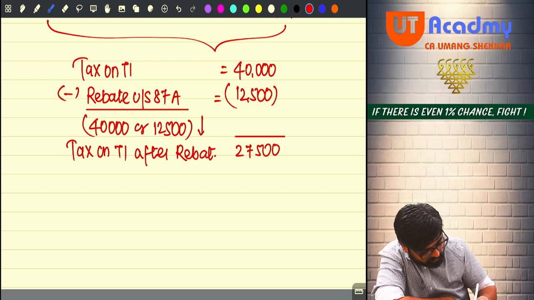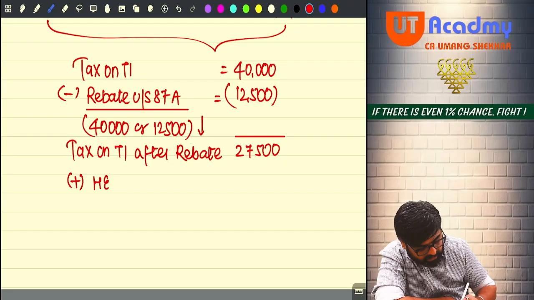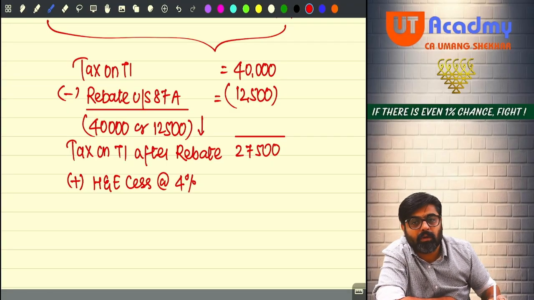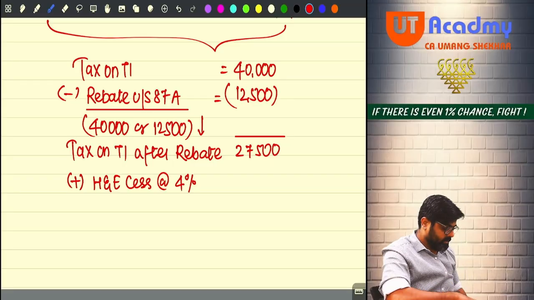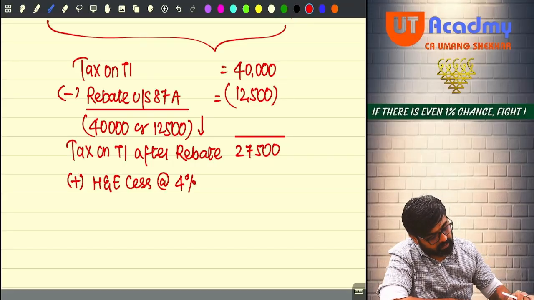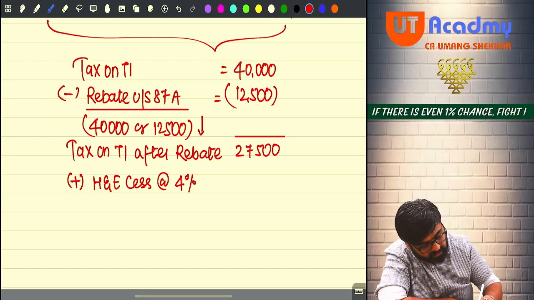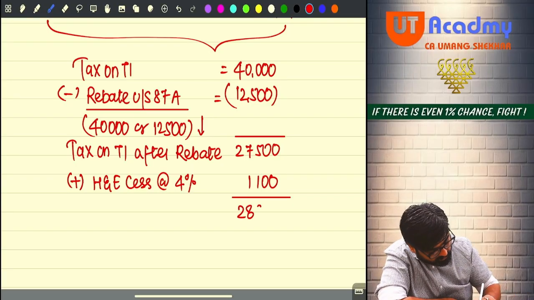Now in this you are supposed to add health and education cess at the rate of 4%. So what will be the 4% amount? 27,500 into 4% will be 1,100. Add that, we'll get 28,600.